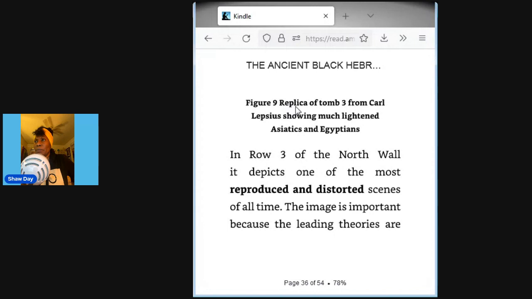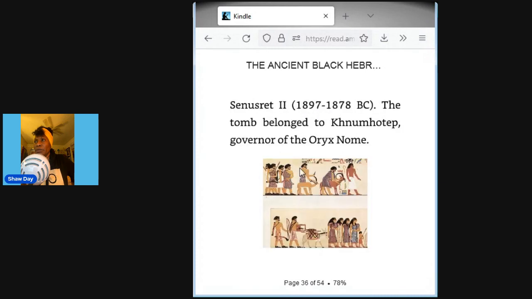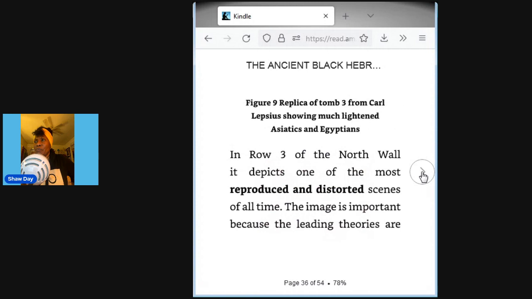Figure 9, replica of the Tomb 3 from Carl Lepsius, showing much lightened Asiatics and Egyptians. And here they are right here. So he painted these pictures from the actual walls of the tomb. I think it was in the Middle Kingdom in Egypt.